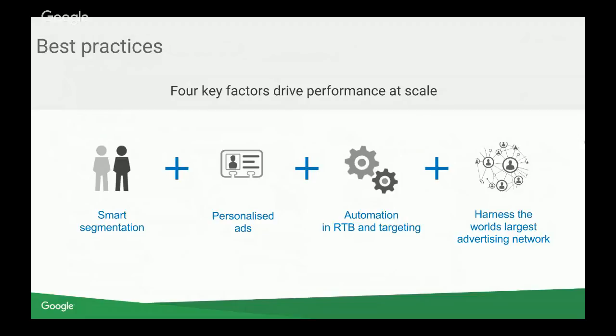Furthermore, as we mentioned, you can use creative responsive ads, and you can personalize your ads based on the product that has been visited or the top performing product, etc. Behind all of this is automated real-time bidding and targeting in our algorithm, which allows you to show custom-made ads to the right people from your remarketing list. And furthermore, you can enjoy the reach of the world's largest advertising network. As we said before, this is the Google Display Network.